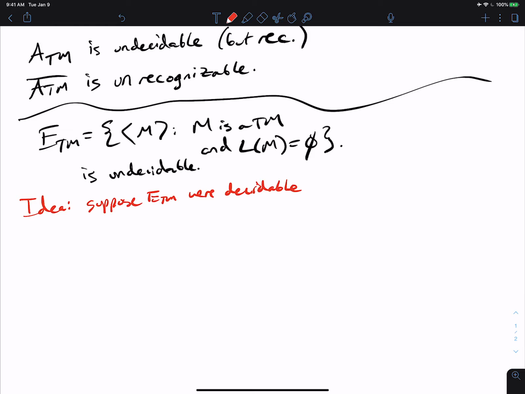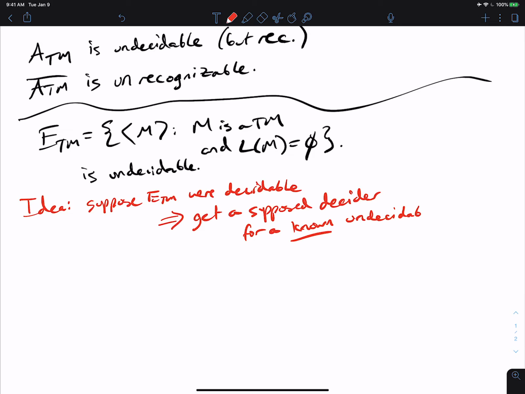Based on that supposition, we'll get a supposed decider for a known undecidable problem or language. The only one that we already know to be undecidable is ATM. I guess we could do ATM bar also, but we'll do it with ATM.